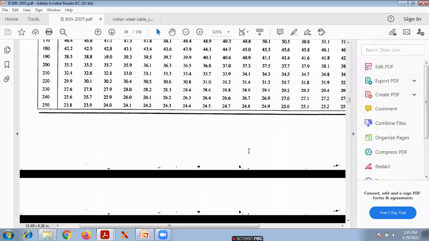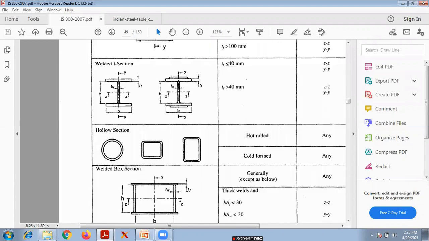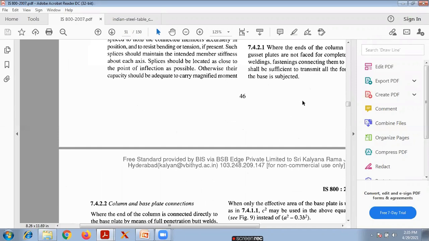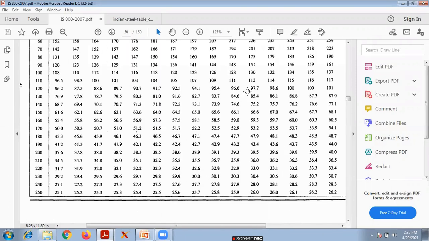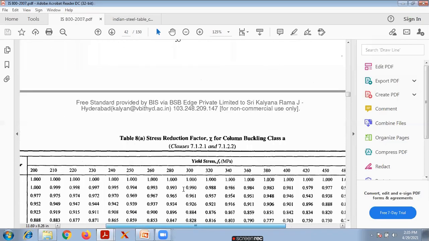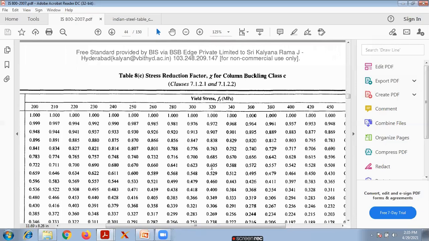Okay. So here if you observe, this one also is there. So like this, we have a lot of tables. So please go through each table from the starting page. After page number 35, you will get class A, class B, and class C. So this is for the stress reduction factor calculation.